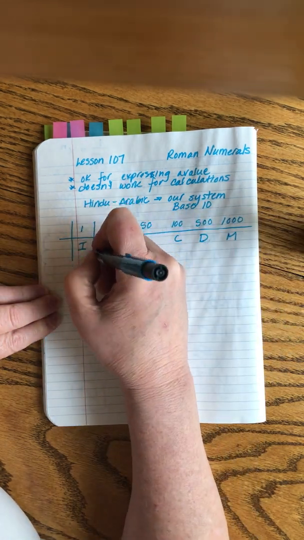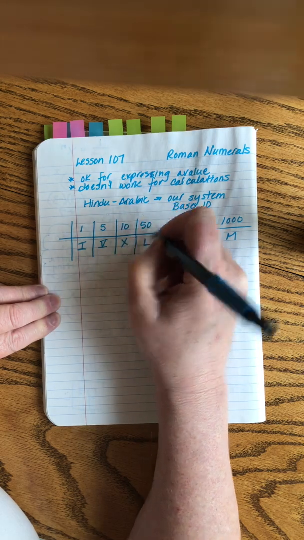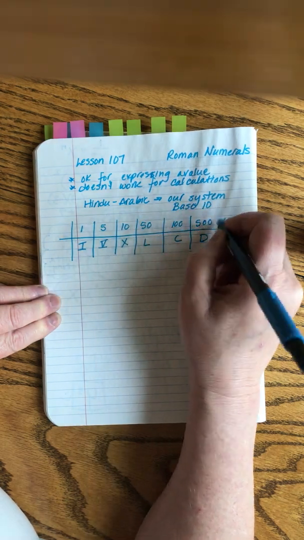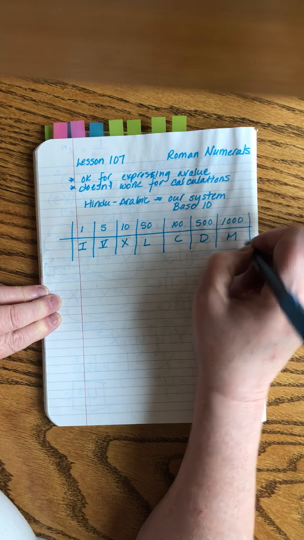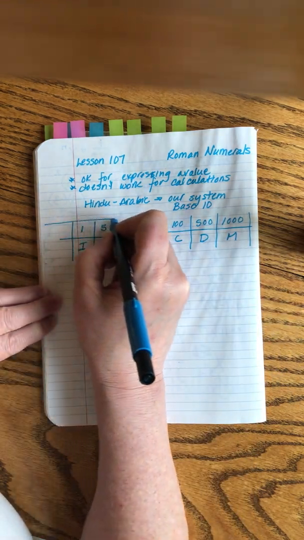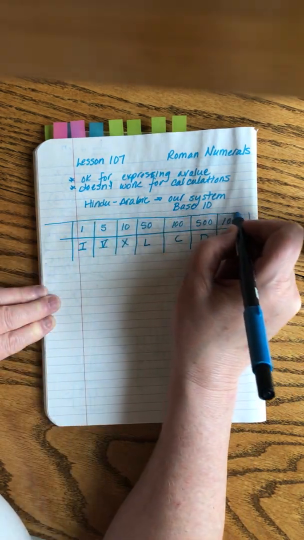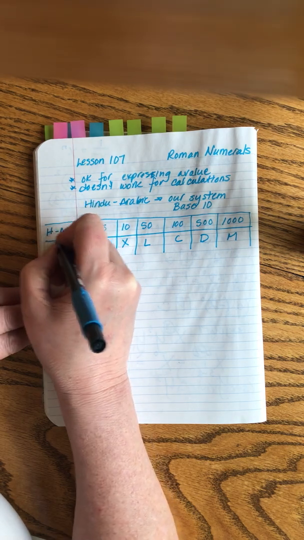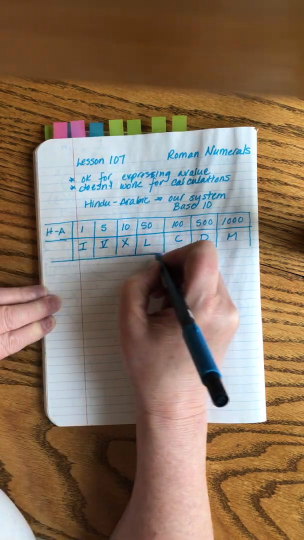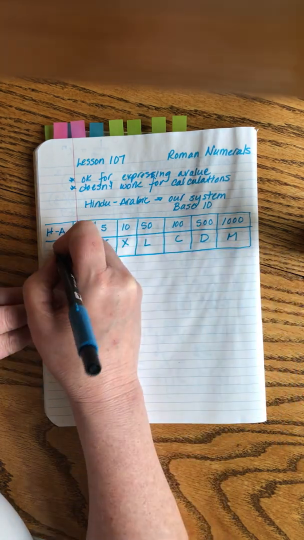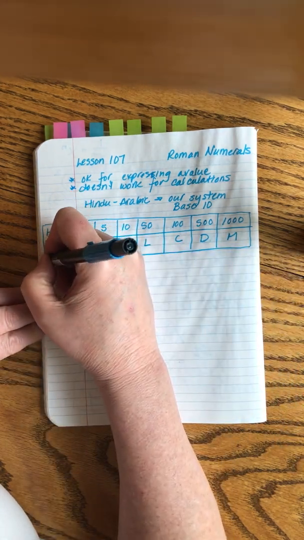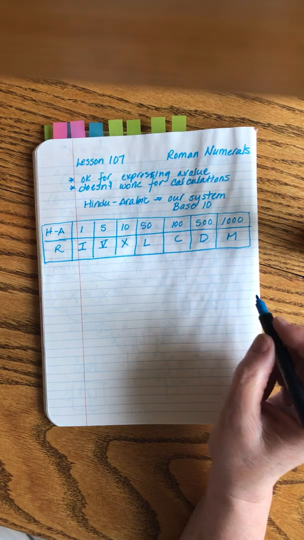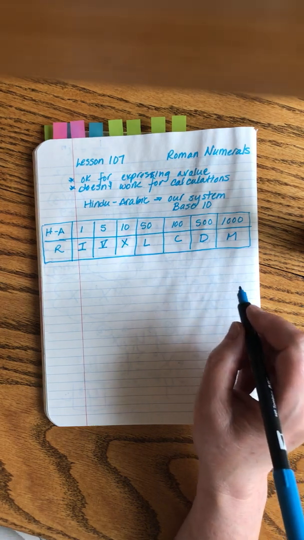I want to make it look more like a chart because, you know, I love a good chart. I mean, who doesn't, right? So this is the Hindu Arabic system, and this is the Roman value that corresponds.